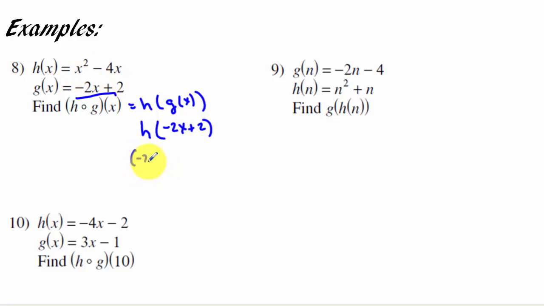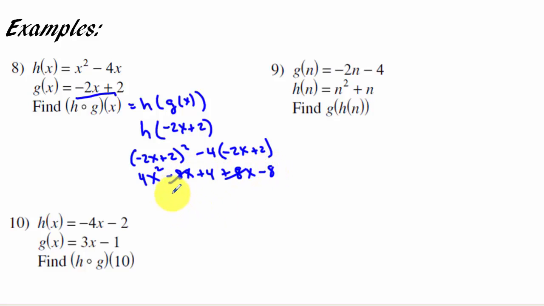So we've got (-2x + 2) squared minus 4 times (-2x + 2). We'll square this, so we're going to get 4x squared, minus 4x minus 8x plus 4, and distribute this minus 4. Those cancel, and we end up with 4x squared minus 4.